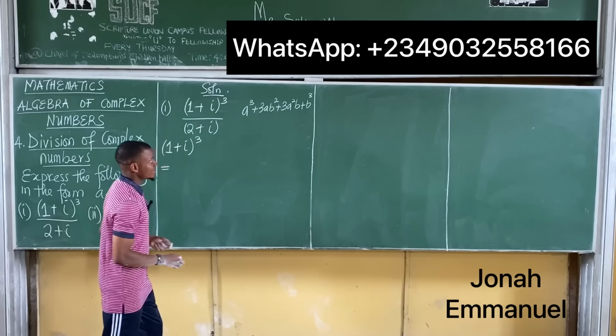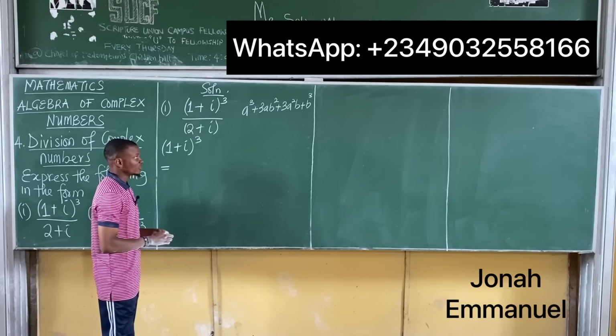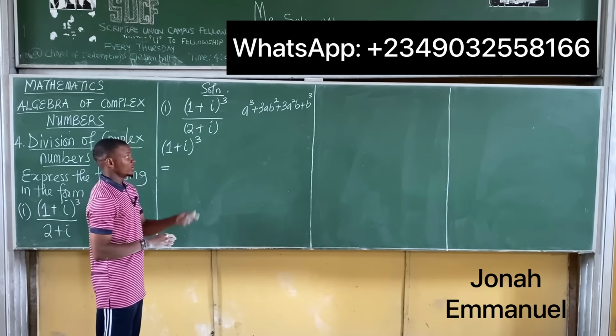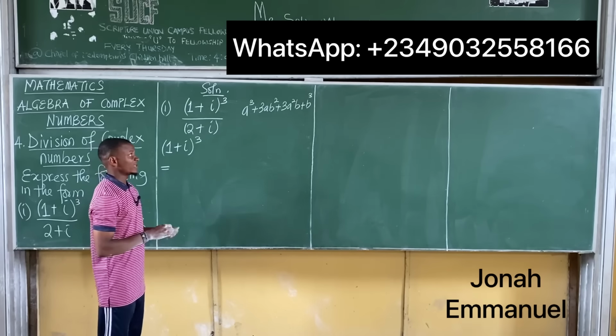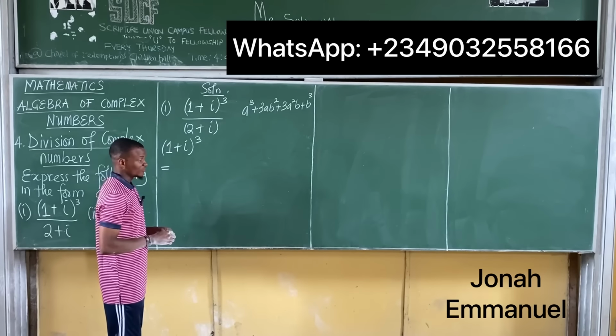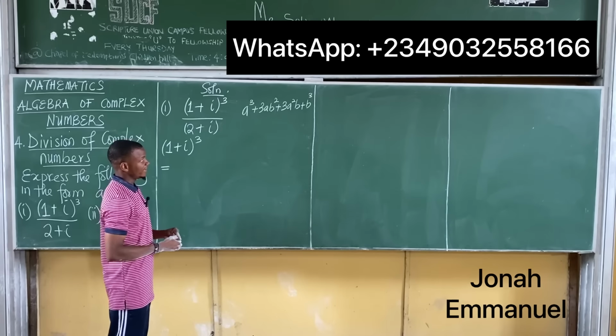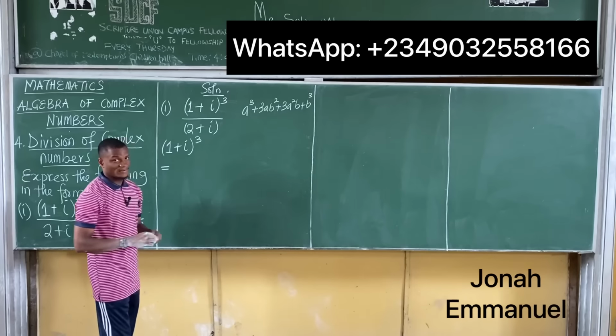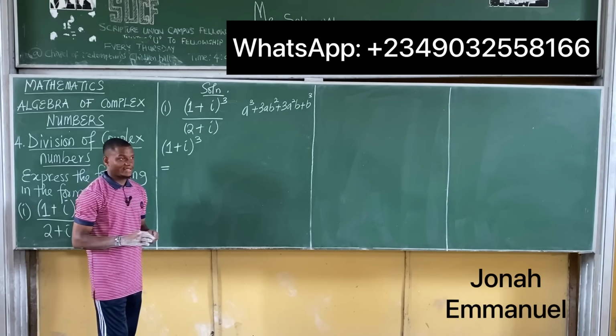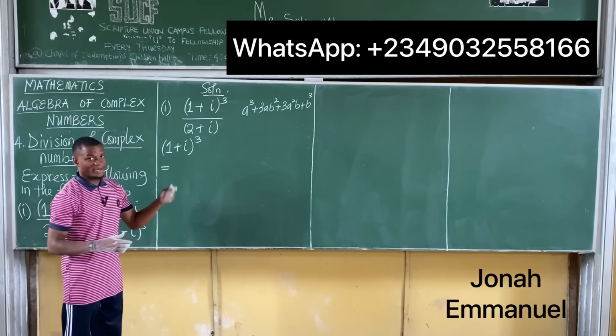We've discussed this in our previous class, binomial expansion. I'll leave a link to binomial expansion in the description of this video. Or perhaps you could just go through our playlist for mathematics and see the video on binomial expansion.